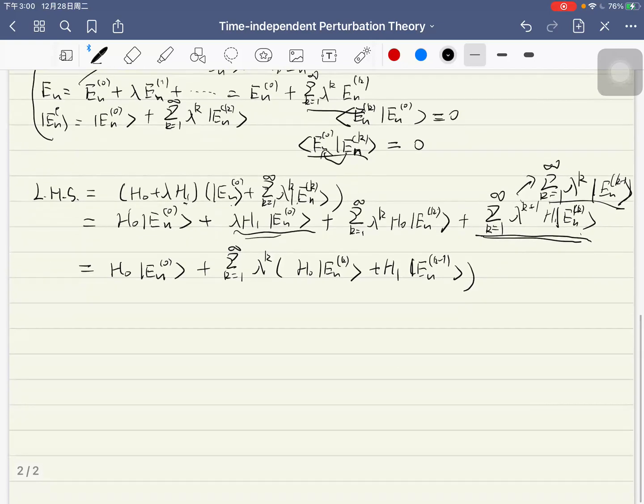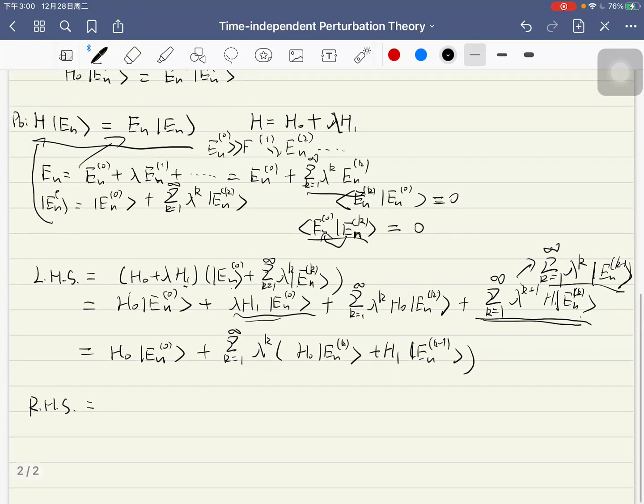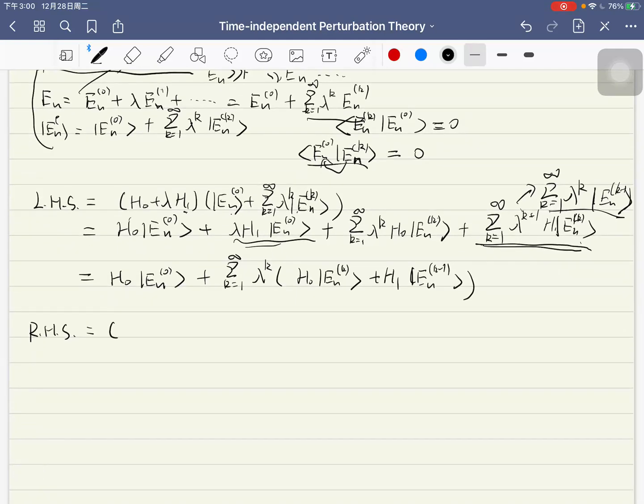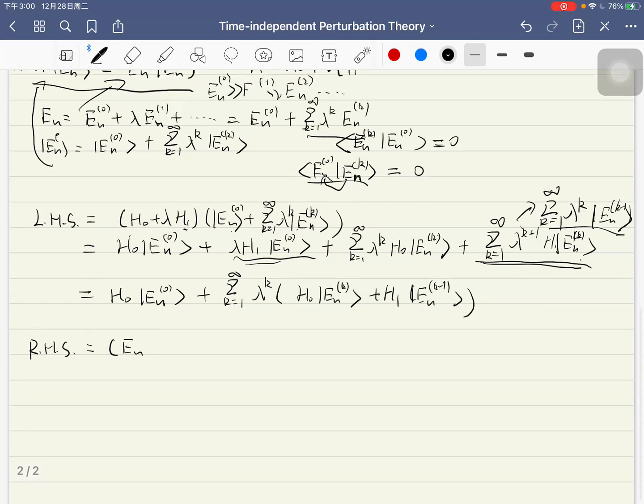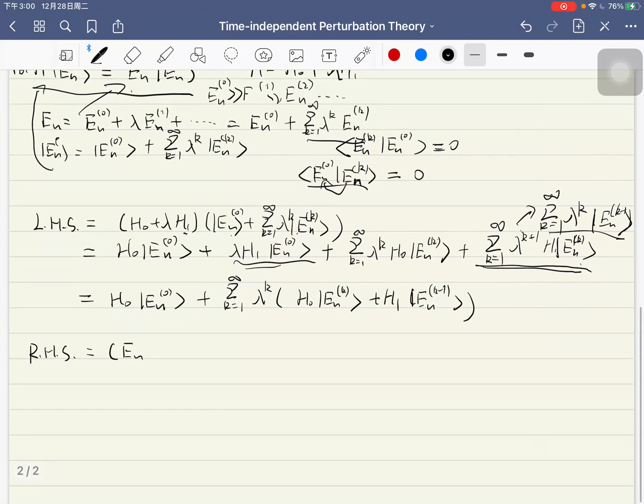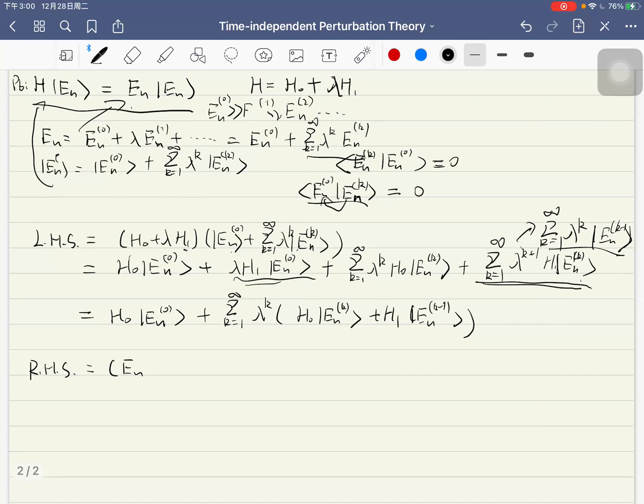Let's calculate the right-hand side. The right-hand side can be written in this way. Then we take this part, plus the sum from k equals 1 to infinity.